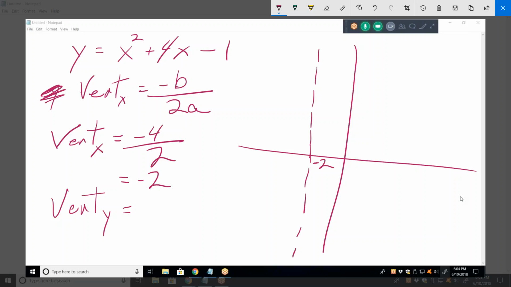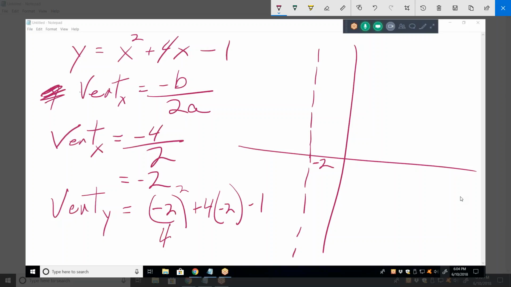No, well, the way you get it is by plugging it in. The x, in other words, remember that at the vertex, the x coordinate and the y coordinate are on the same point. So the y coordinate is going to be minus 2 squared plus 4 times minus 2 minus 1.